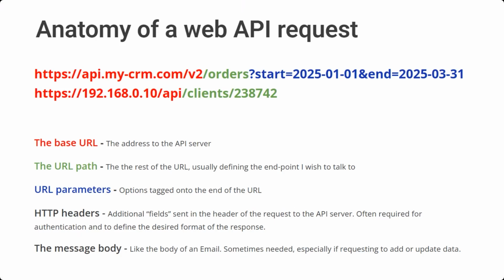So where do we find this information? Well, as Dimitri said, every API is basically unique, and so what data it provides, what format that data is in, and how I request that data is almost entirely unique to that API.